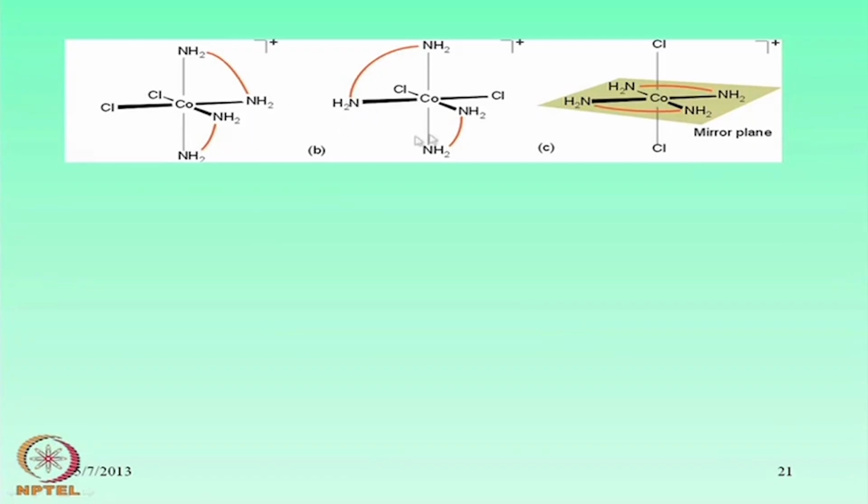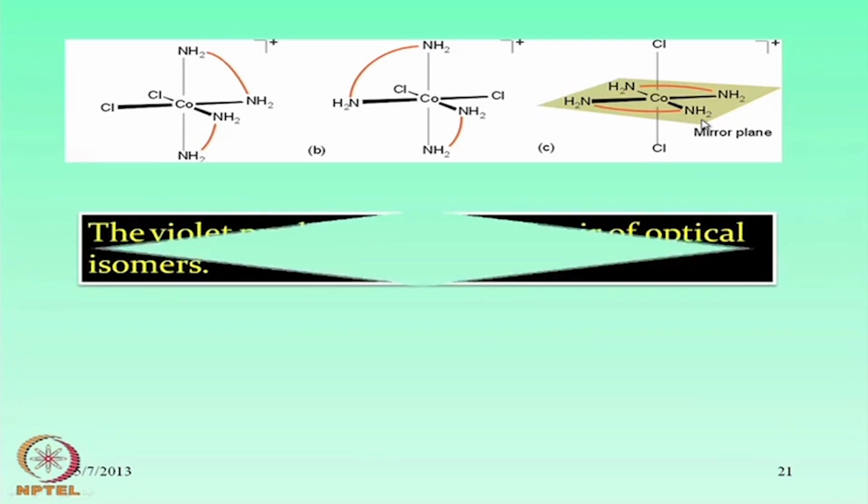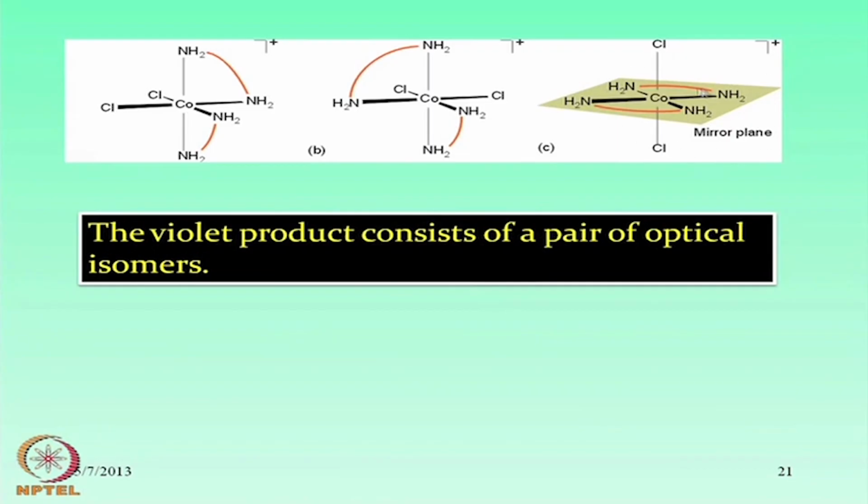So we get for the cis arrangement these two isomers, and these two isomers are optically active also, but for the trans isomer, the trans plane itself is the mirror plane. So we have only one particular isomer, which is optically inactive and which has a mirror plane, the plane containing the two chelate rings. The violet product, therefore, that means the cis product, consists of a pair of optical isomers, and these are the two pairs.